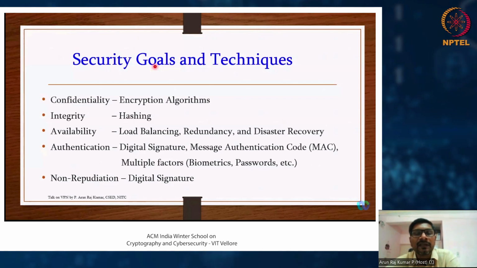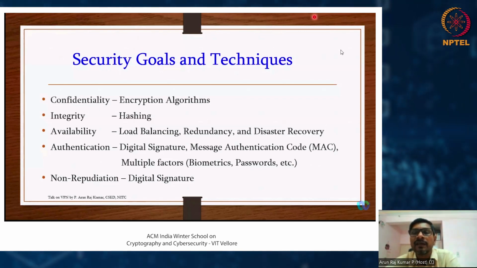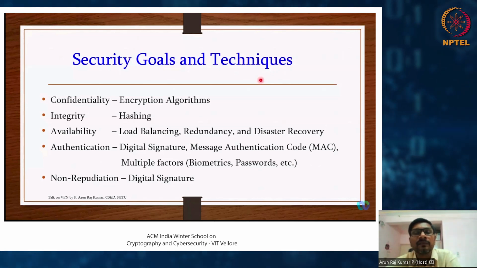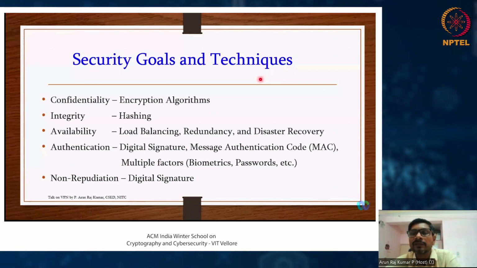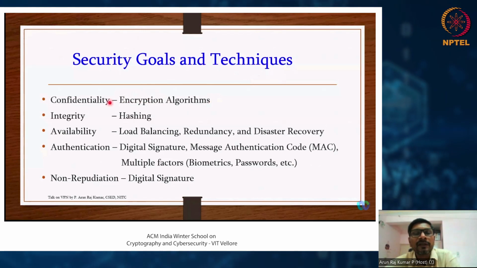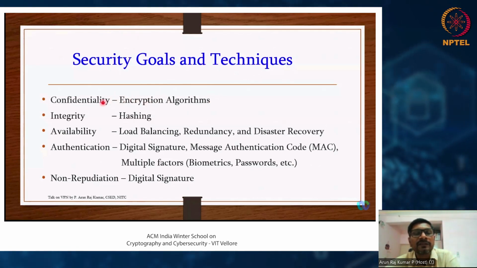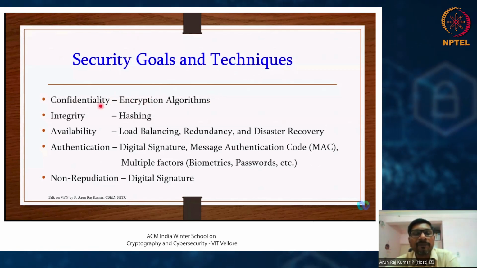So it is not seen by anybody. Only the person who has the key can open the lock and see the message. For others, it looks like a black box; they will not be able to know what is inside. That's what we call encryption. So all the encryption algorithms satisfy the goal called confidentiality.